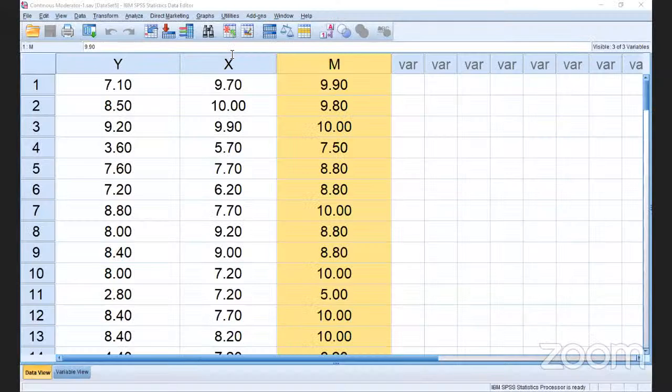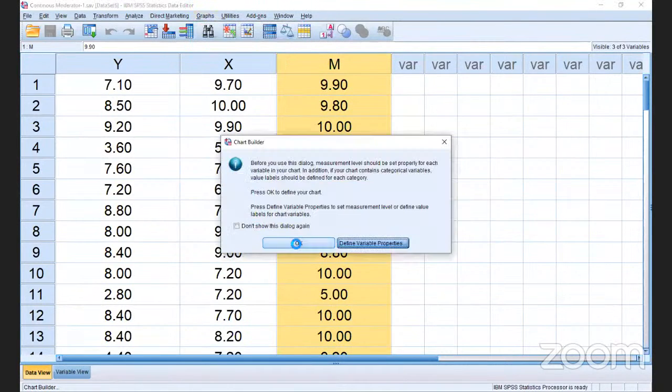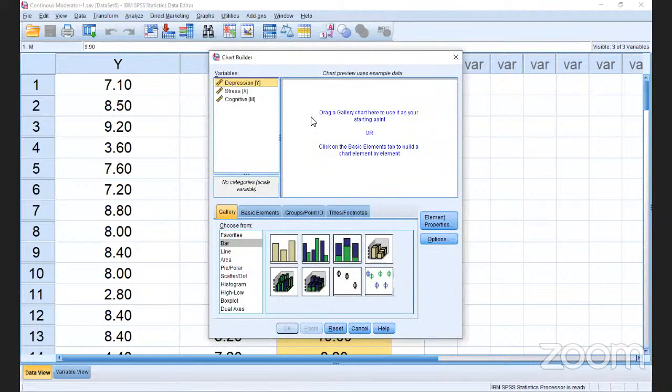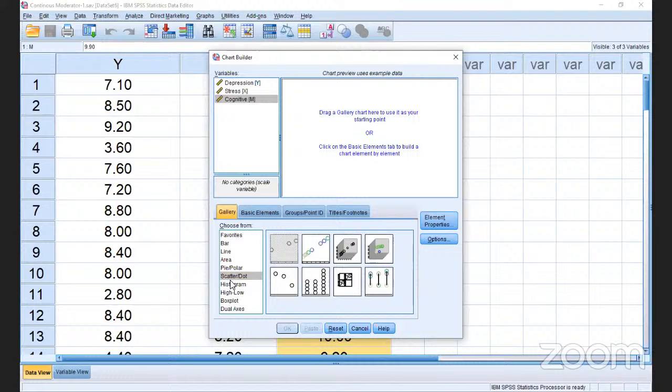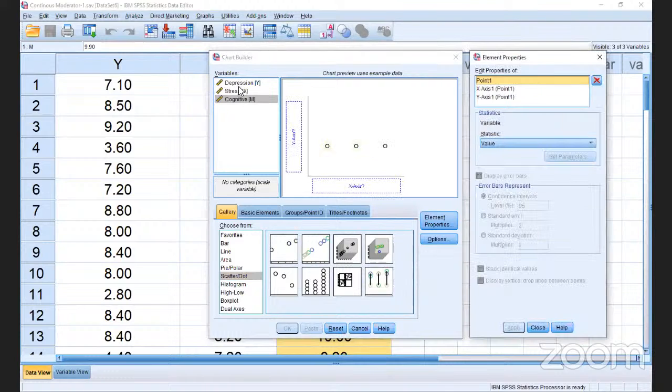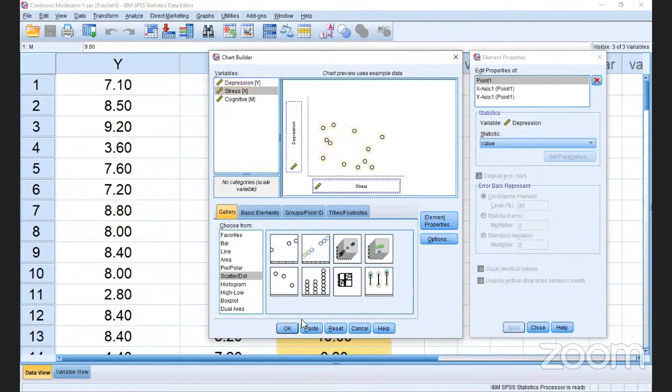So I'm preparing the graphs: Graphs, Chart Builder, and then OK. And after OK, I think you cannot see it due to some problem. I already told you, I'm showing you the direct graph. So here is the simple graph, depression, that is the dependent variable, and stress, that is the independent variable.